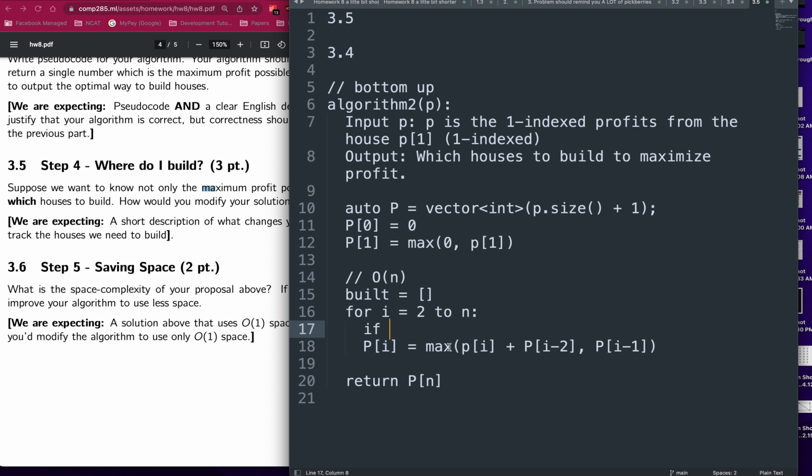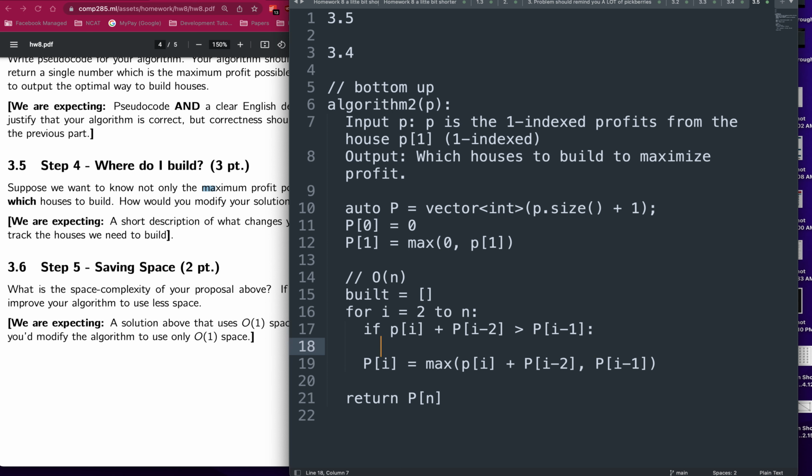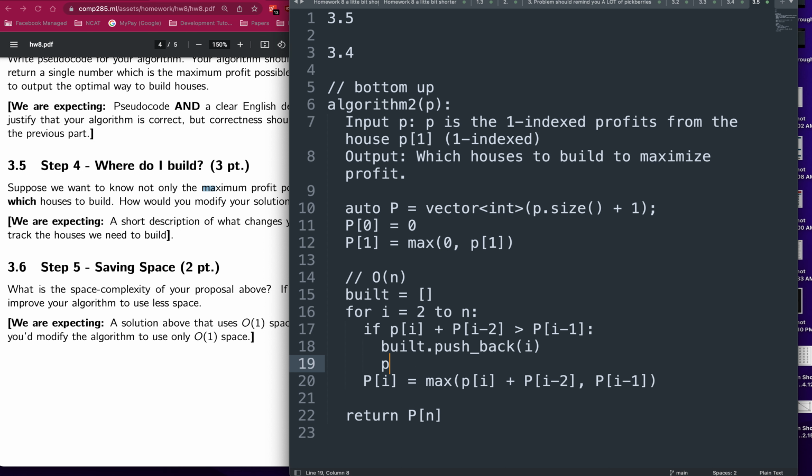Basically you change this to an if statement. So if Pi minus 2 plus Pi is bigger than Pi minus 1, then that means you do want to build the ith one. So you say build pushback I. And you also say Pi equals this.